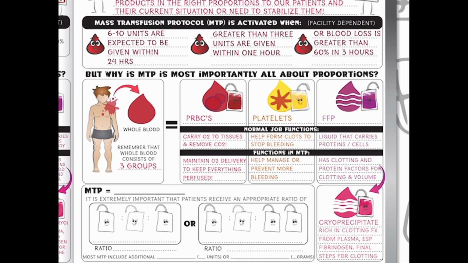If we don't have any of these layers of our cake, then we're not going to have a full and delicious cake. So again, when we think of MTP, we want to think proportions. It is extremely important that our patients receive an appropriate ratio.